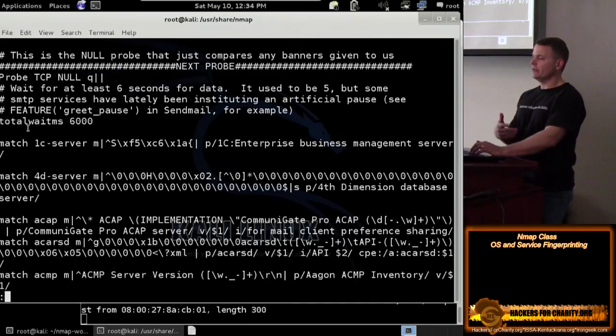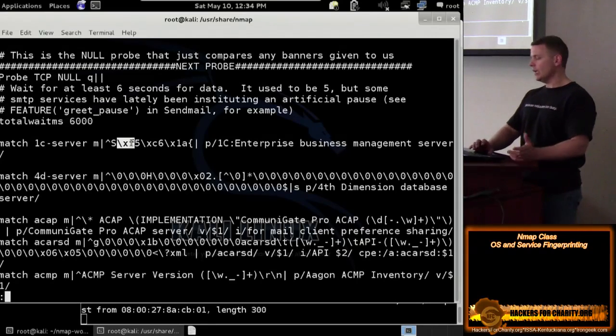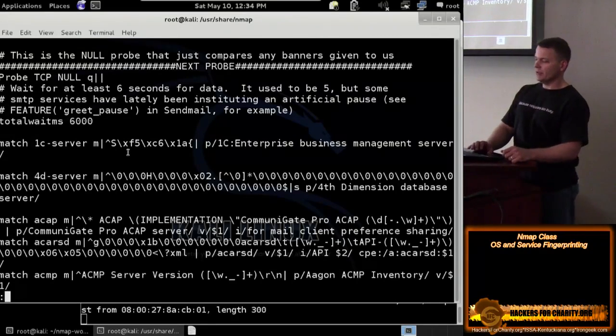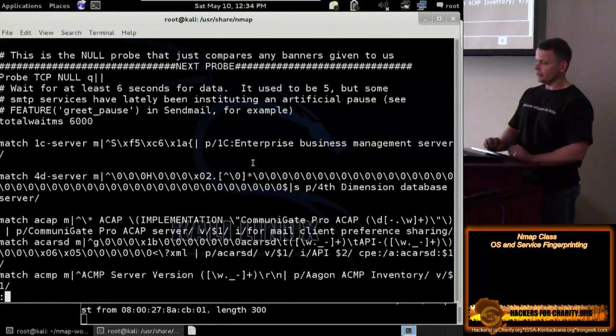And if it does respond to this particular probe, the null probe in this case, then there's a series of matches that are applied to see if the response back from the service matches one of these patterns. So in this case, the probe appears to be looking for F5C61A. The \x indicates it's hex. And if it matches on that, then it would say that that's one of these 1C Enterprise Business Management servers.